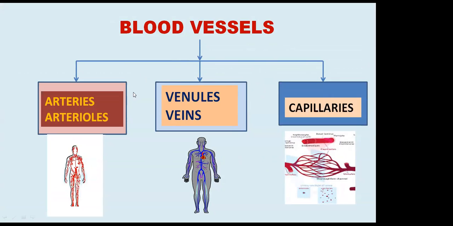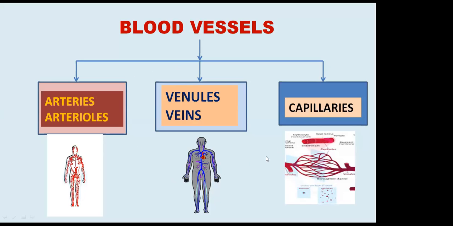They are as follows: arteries, arterioles, their capillaries, venules, and veins. In these images you can observe how the arteries extend and branch throughout the body, and their minute, microscopic branches communicate directly with each and every cell of the tissues.